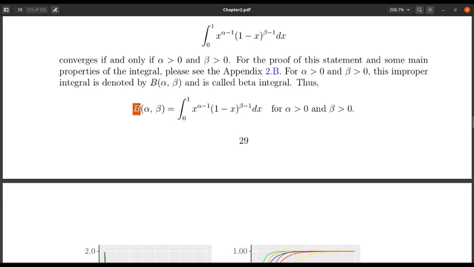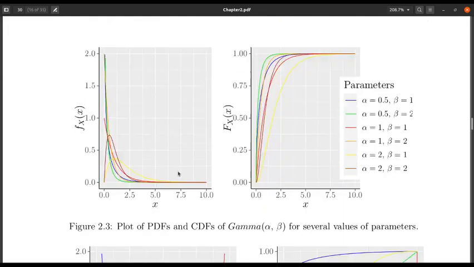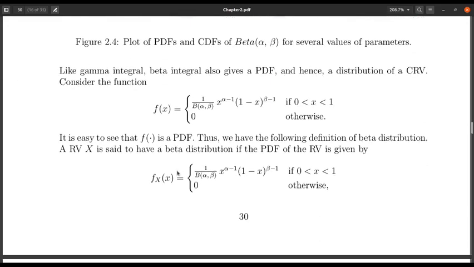That gives rise to a distribution, because now I will denote this integration as Beta(alpha, beta). This is capital Beta, not b. We can define a density function by dividing by this one, and a random variable having this density function is called a beta random variable, and the corresponding distribution is called the beta distribution. Note that again alpha and beta are the parameters here, because if I change alpha and beta, the density function changes.